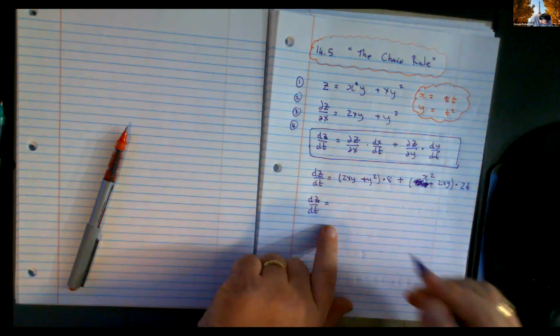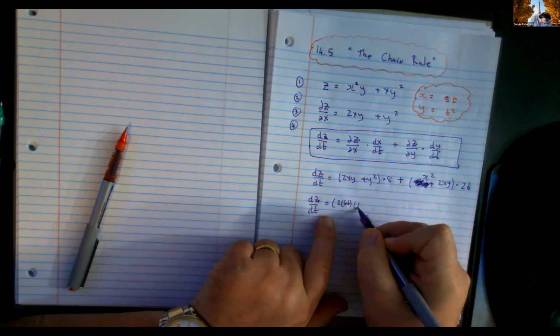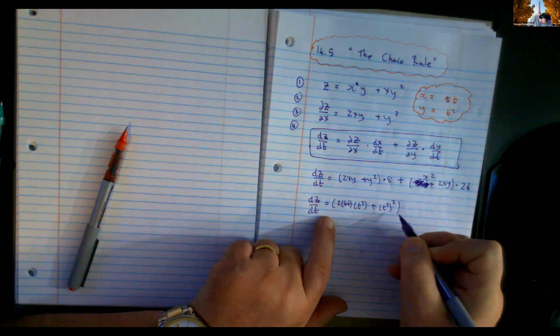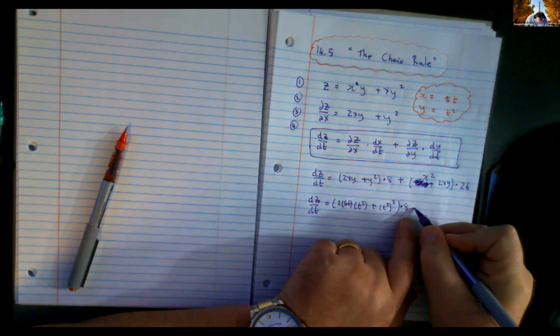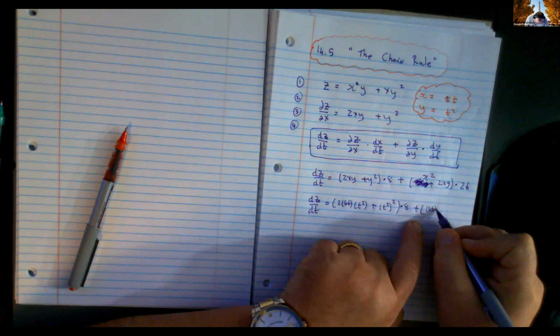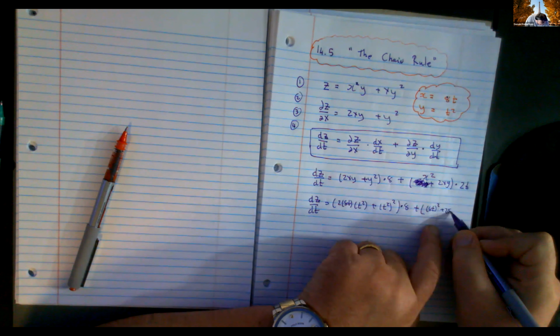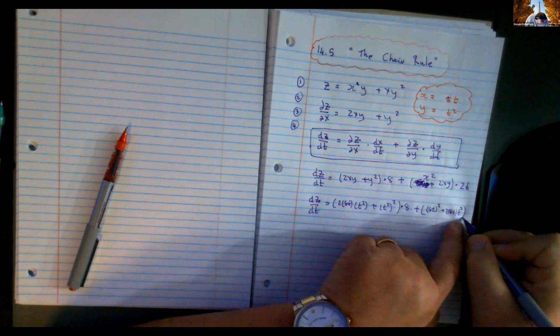So it's going to be 2 times x times y plus y squared. I'll leave the times 8 for the time being, plus x squared, which is 8t squared, plus 2 times x times y, finally finishing with times 2t.